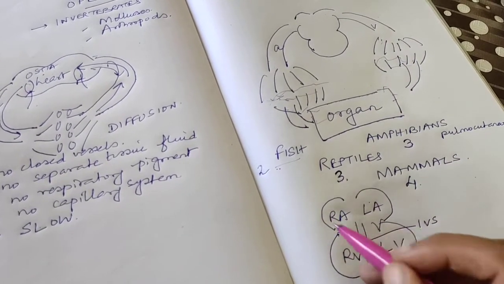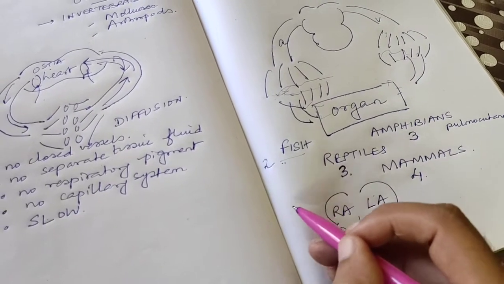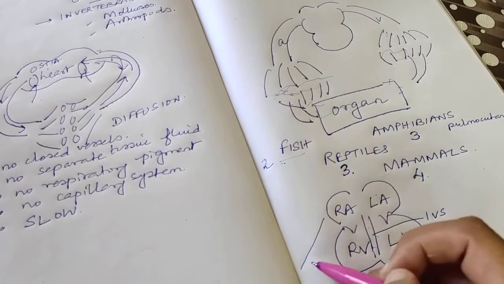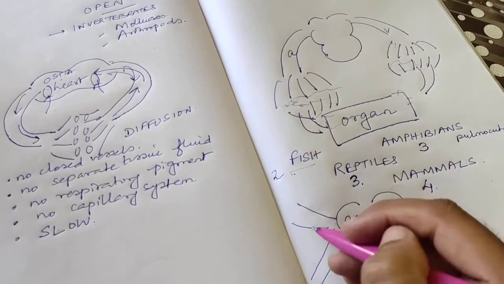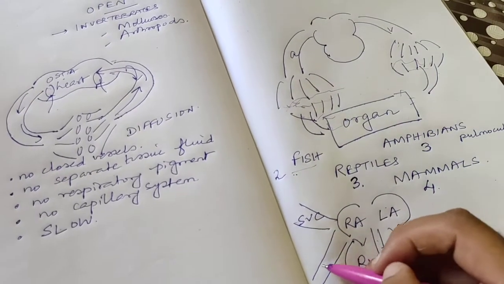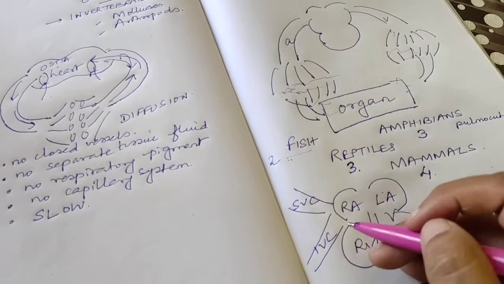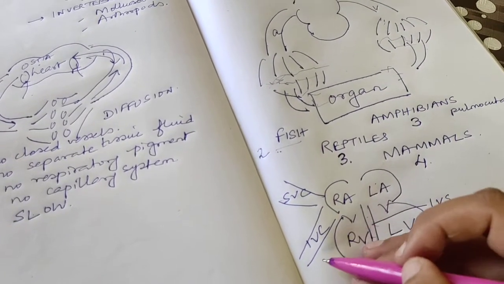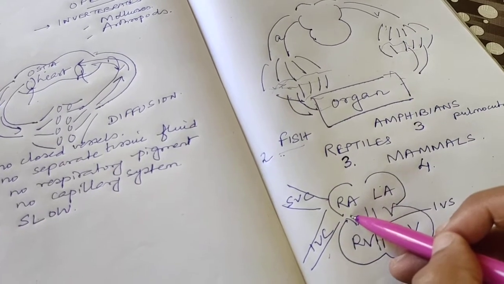What happens to the right part of the heart? All the deoxygenated blood from the body, from the SVC, the IVC, is drained into the right atrium. The superior vena cava and the inferior vena cava carry the deoxygenated blood from the lower part of the body and the upper part of the body into the right atrium.